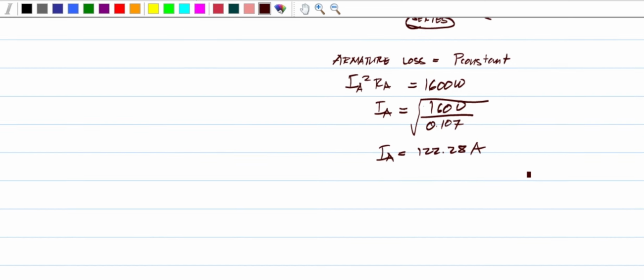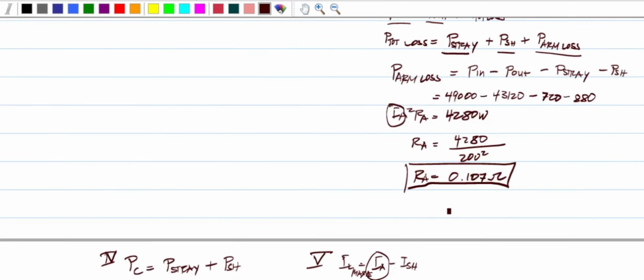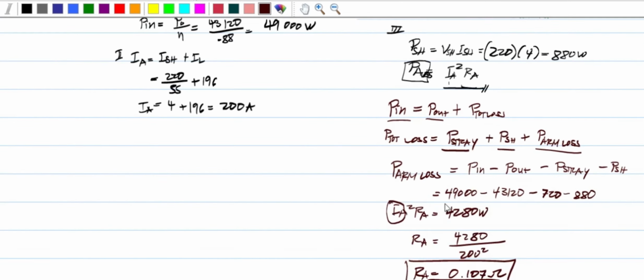Since we are going to find the IL, it is simply IA minus ISH. ISH is 4.